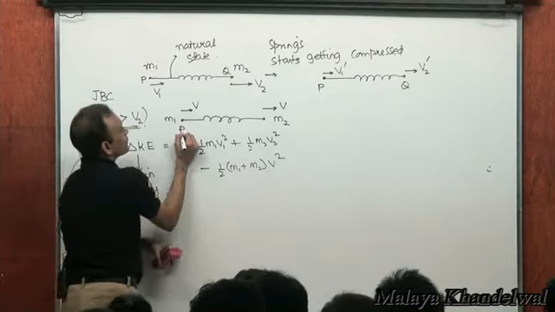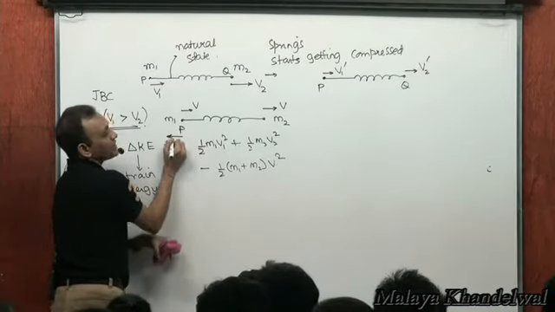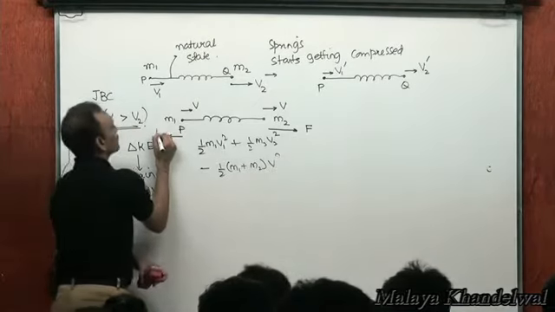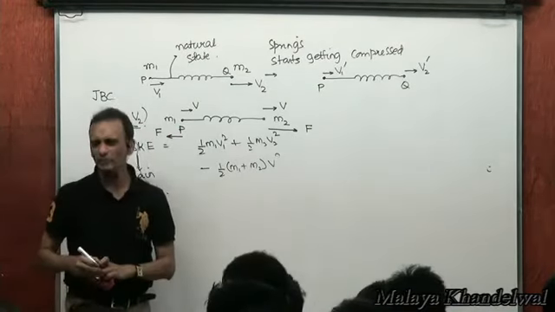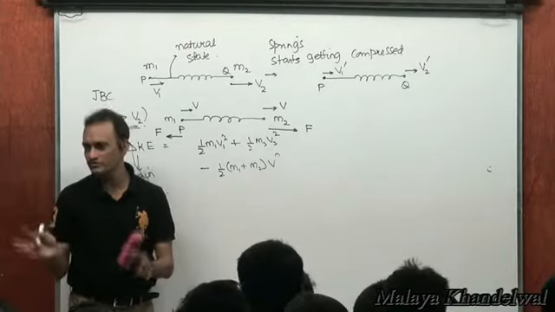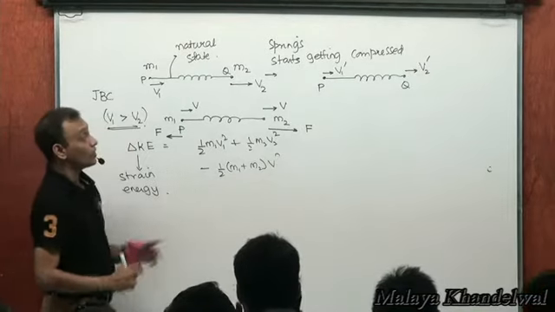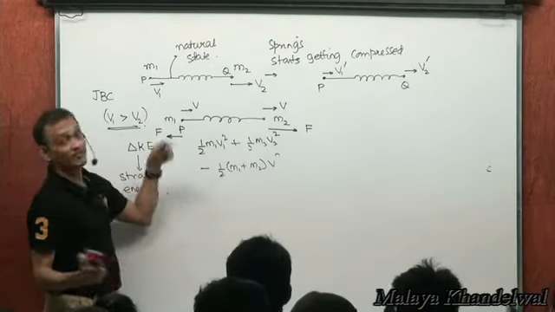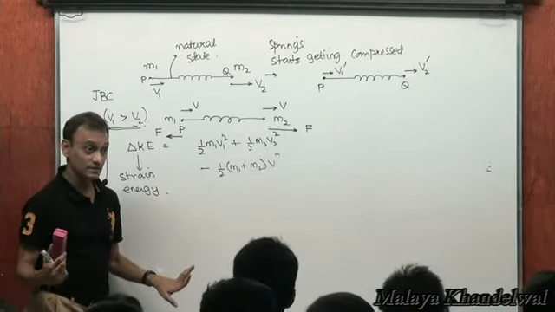It will exert on m1 a force in this direction, on m2 a force in this direction, variable force, because that depends on the extent of compression, right? So the velocity of m2 will increase, the velocity of m1 will decrease. Yes or no?